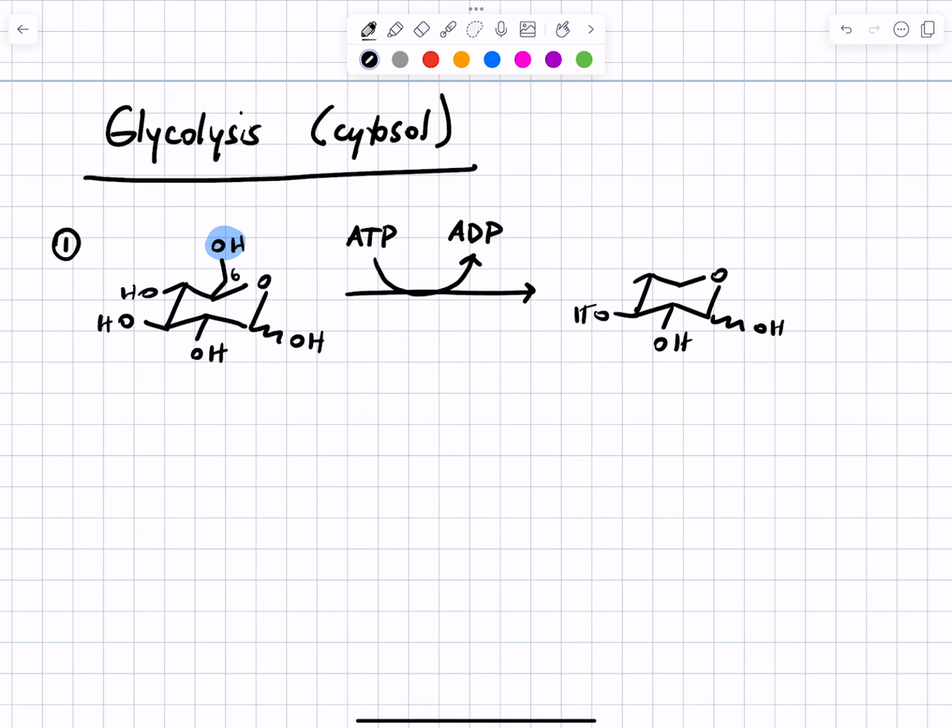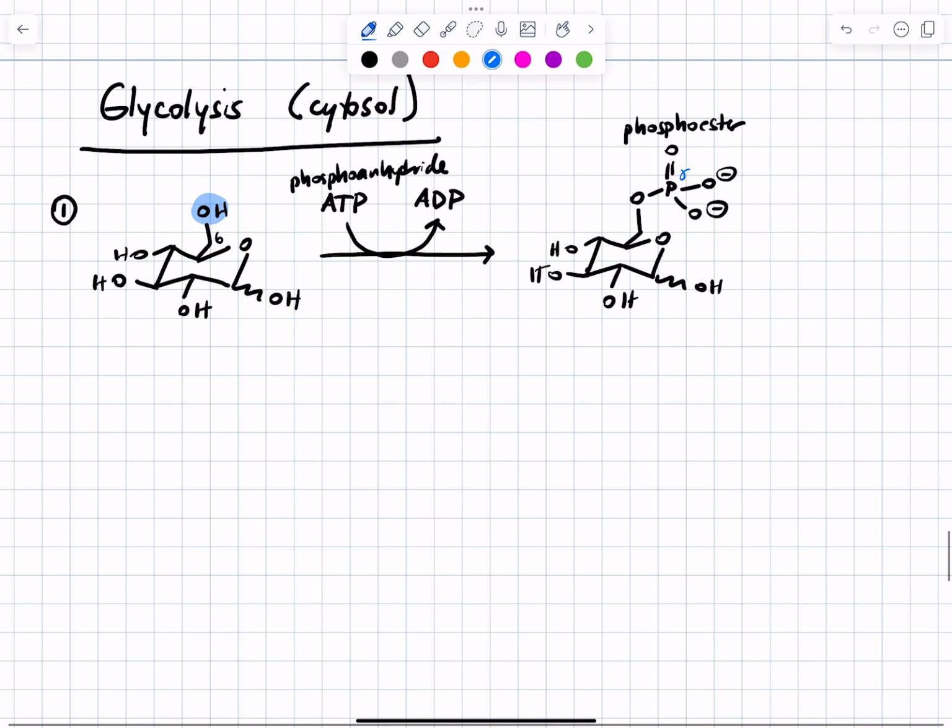Everything's still in the same place, and the C6 hydroxyl is now a phosphoester. You take a phosphoanhydride bond from ATP, and you transfer that gamma phosphoryl group from ATP to the C6 hydroxyl, making a phosphoester.